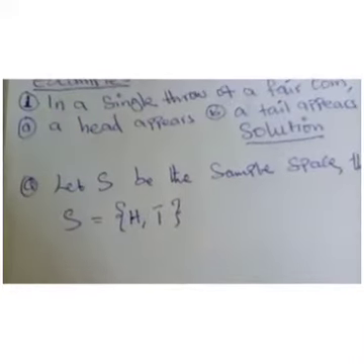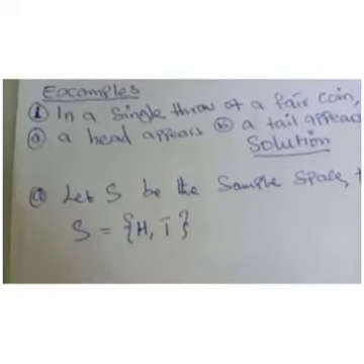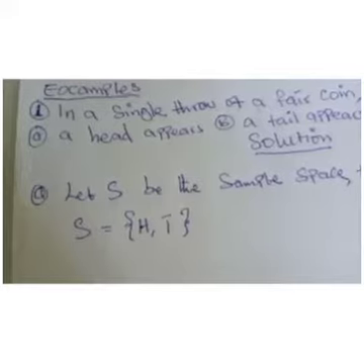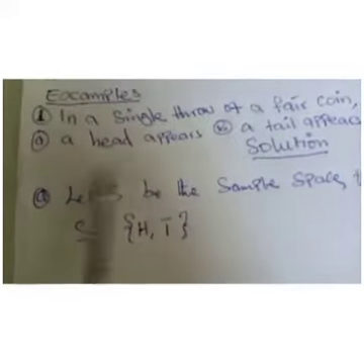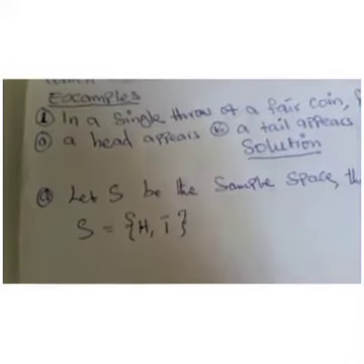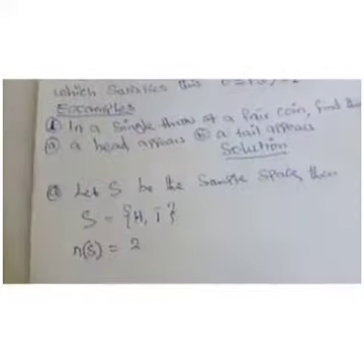We have two events here. Either a tail appears or a head will appear. So in this example, the question asks the probability that the head appears, but here we can say the number of the sample space is equal to 2.